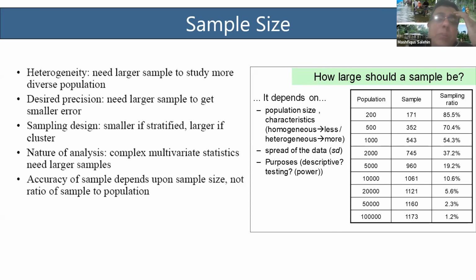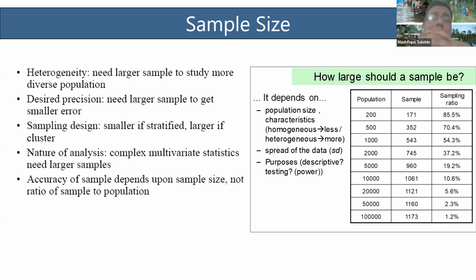So, about the sample size. There are some important aspects of what a sample size should be. For example, as I said, it should be able to represent the population, so it should be sufficiently large to represent the diverse population.